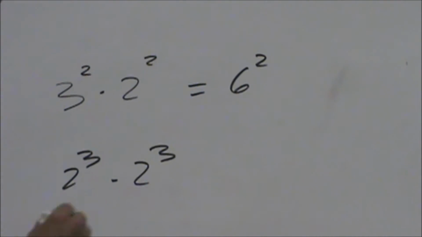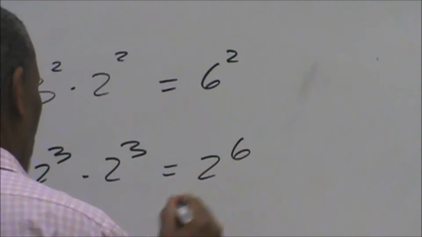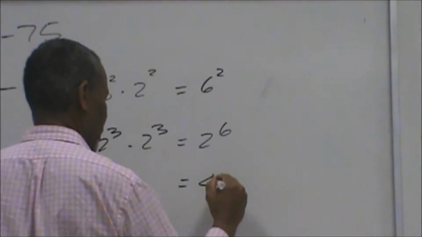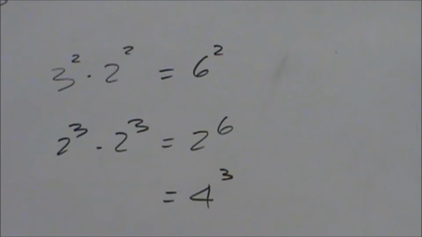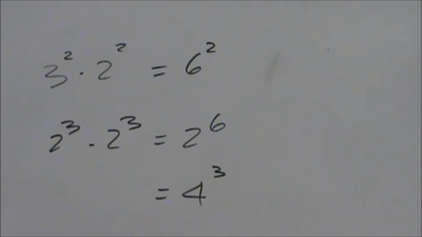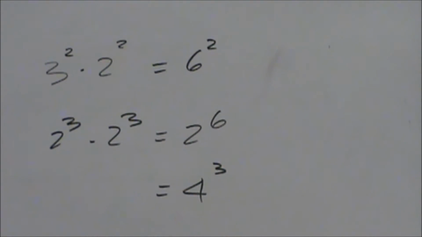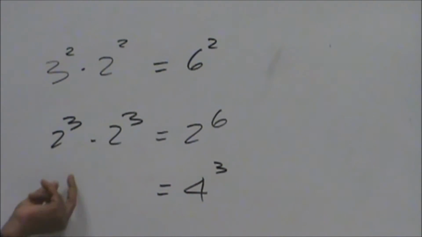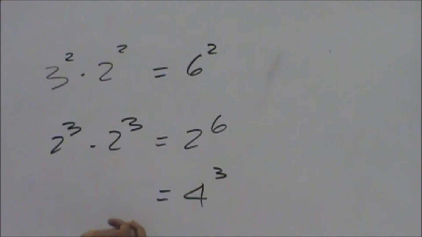You can say that this is 2 to the 6, or you can say this is 2 times 2, which is also 4 to the third. So whenever the exponent is the same, you can multiply the bases and just keep the exponent.